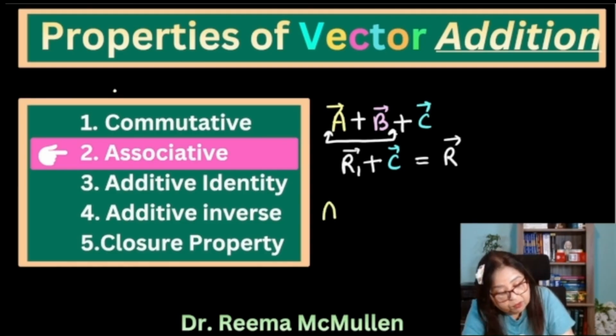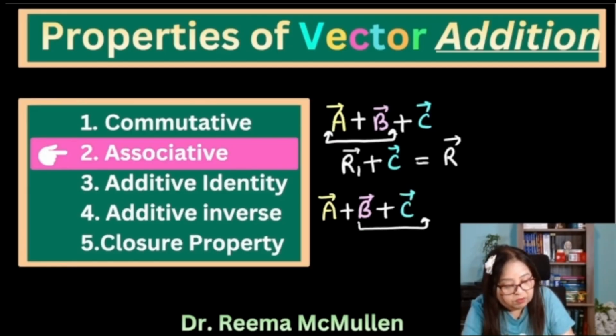In comparison, if you had done this instead, let me write it down for you. A plus B plus C. Now what we're going to do is, let's add B and C first. Okay, that gives us some R2.